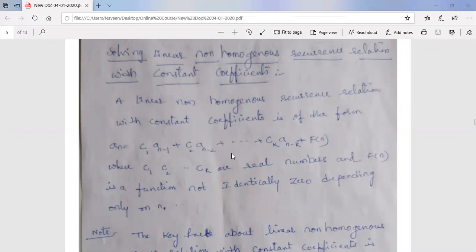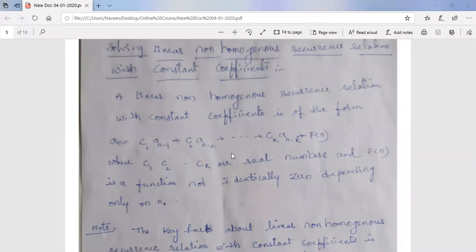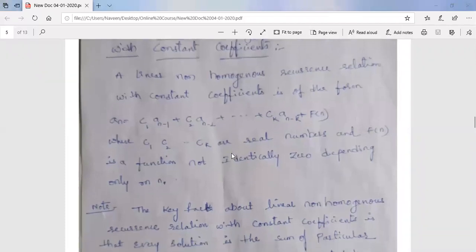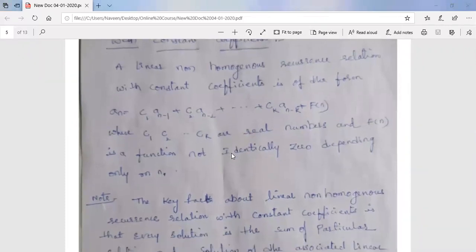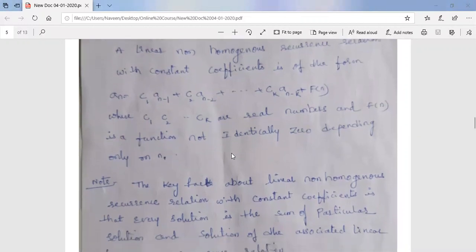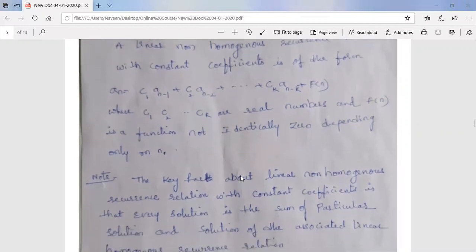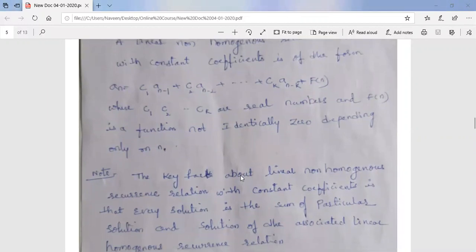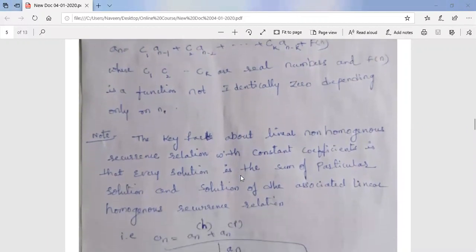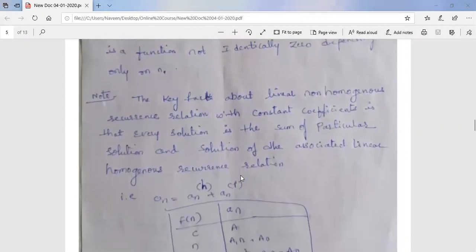So how to solve these linear non-homogeneous recurrence relations? You should remember one key point: the solution will contain two parts.